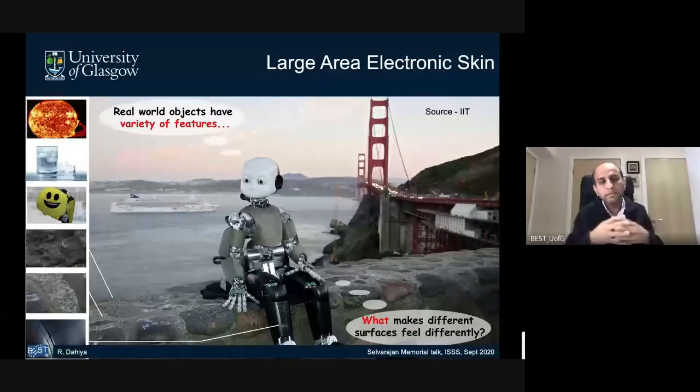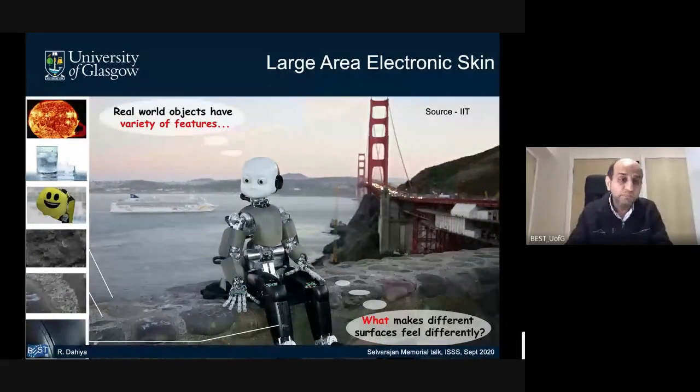So all this comes as a package when you talk about electronic skin, and it is a complex problem, but it's also interesting because it enables advances in several areas, be it robotics, be it sensing, be it electronics. So there are several areas that are connected.